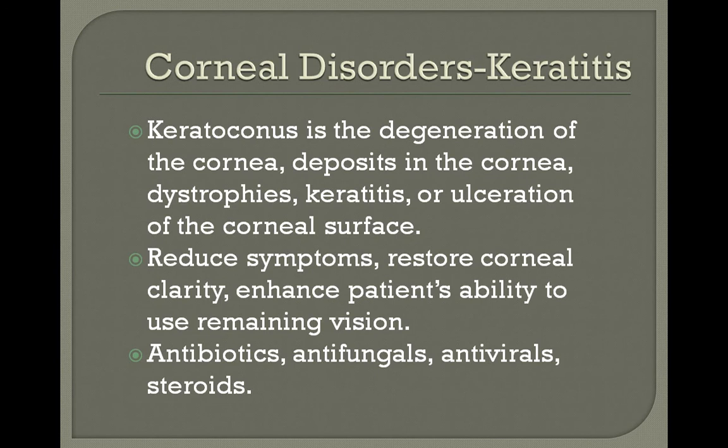Major risk factors for the development of keratitis include a person that wears contact lenses and doesn't practice proper hygiene. That means the person may use improper solutions or overwear their contact lenses. We're supposed to take them out every night. So the person that wears daily contact lenses for a week is at risk for developing keratitis.